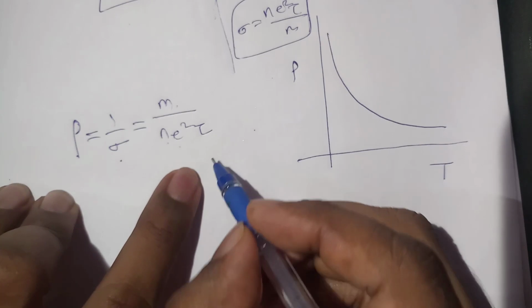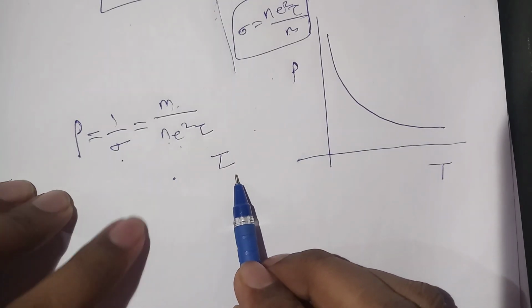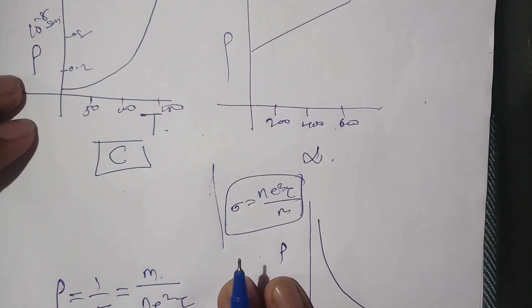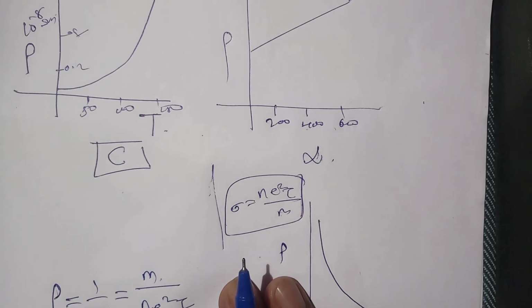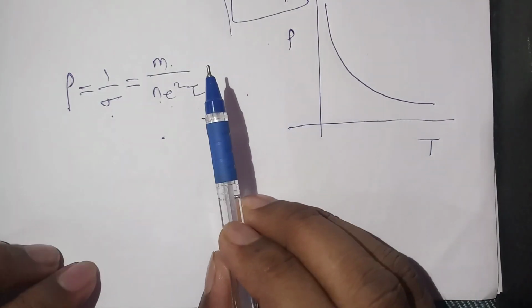Similarly, this tau is the time interval between two collisions. Now in the case of metals, we have a sufficient number of electrons, however many electrons are required are already available there. When you increase the temperature, more and more electrons will become free.